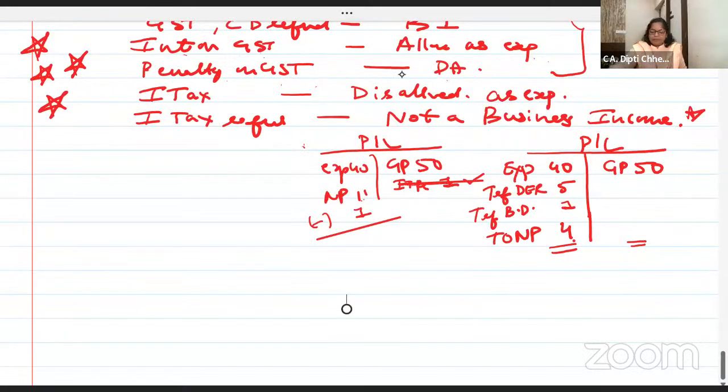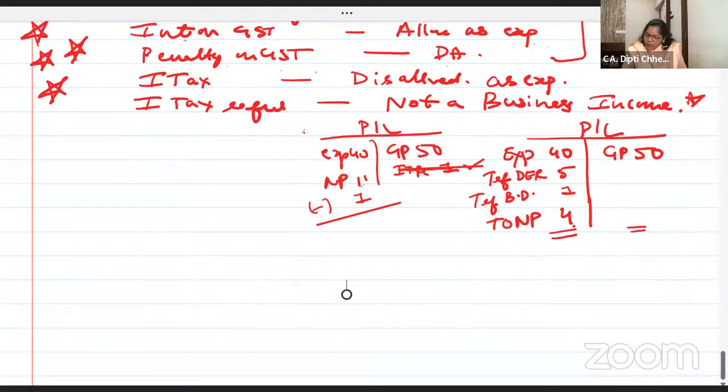See. Now, if I say your net profit is 4, but 1 rupee you have transferred to provision for doubtful debts, this is not allowed. Fake expense. It's not actual. Transfer to reserve. It's not actual. So if I scratch this expense, what will be the impact on the net profit?